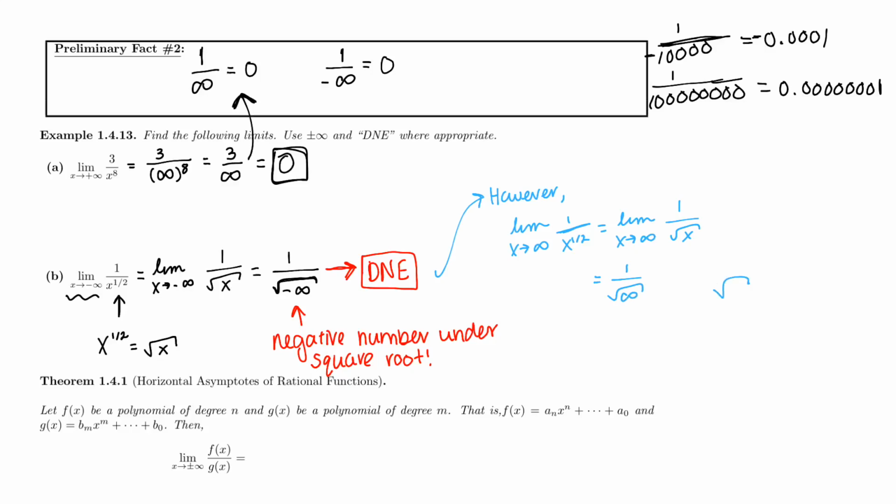And the square root of infinity is still infinity. Infinity is a weird number, right? You can take half of infinity and it's still infinity. You can take the square root of infinity and it's still infinity. So this is 1 over infinity, which is 0. So if you had gone to positive infinity instead of negative infinity, the answer would be 0 as opposed to DNE.